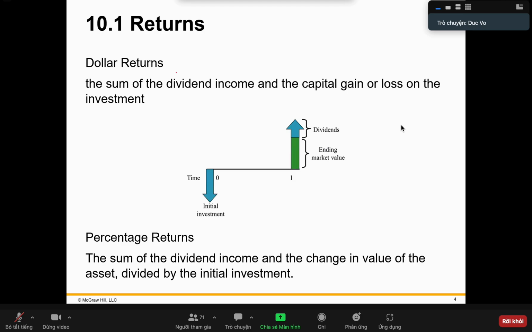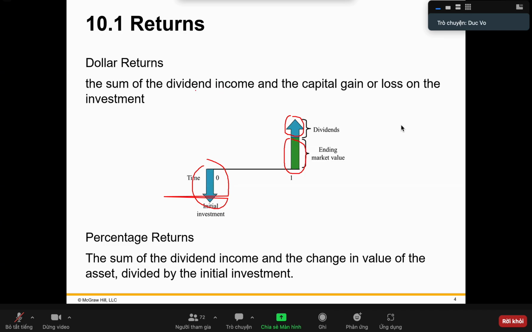Okay. The first one is the dollar return. Let's assume that you spend this amount of money to invest. Let's say you buy a stock and it costs you, let's say, 10. By the end of the year, you sell the stock, so that is how much you get. And let's assume the dividend is what you receive during the year. So clearly your return will include two components.